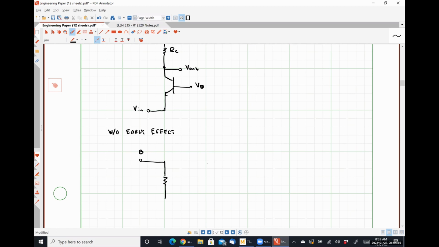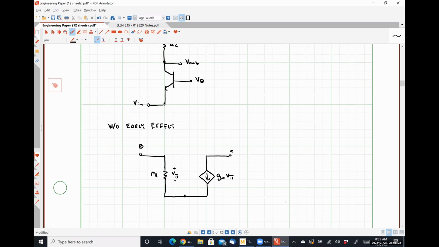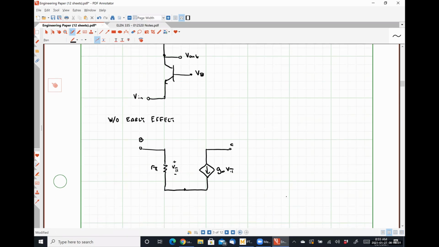Here's my base. Here's gm, oh, b pi, not r pi, excuse me. Here is my collector. And down here is my emitter.